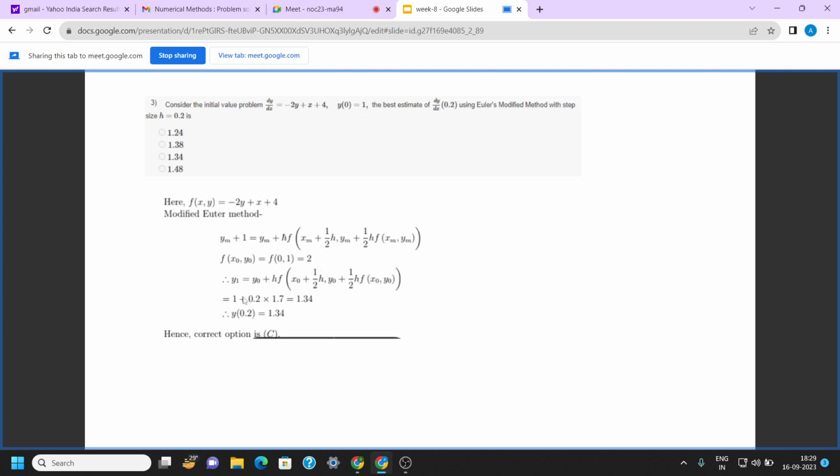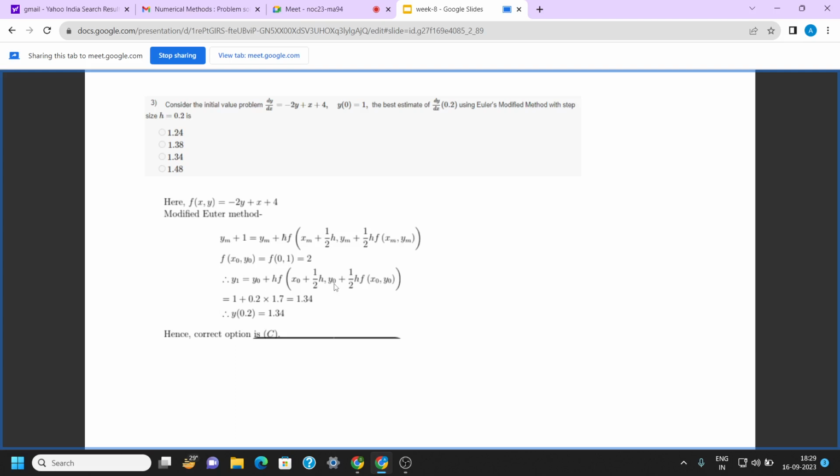Okay, so here it will be equal to y naught, which is 1, right? So 1 plus h, which is 0.2, times f of x naught, which is 0, so 0 plus half into h, that is 0.1, comma, what is y naught?